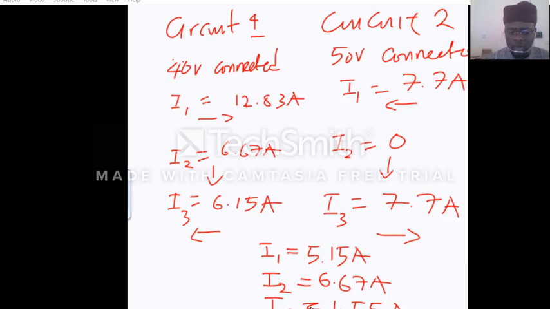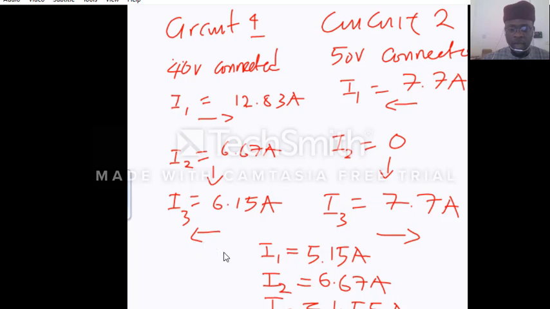So for you to calculate the voltage drop in each resistor, all you have to do is to use Ohm's law, which states that V equals IR. You already have your I and you know your R in positions 1 and 2.